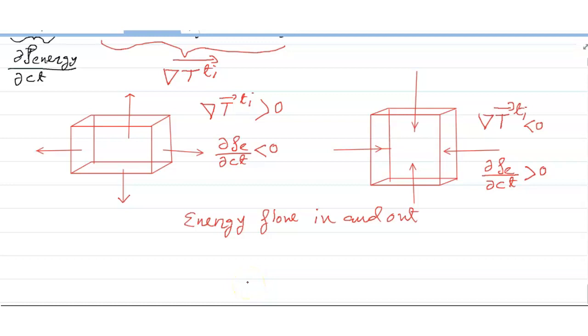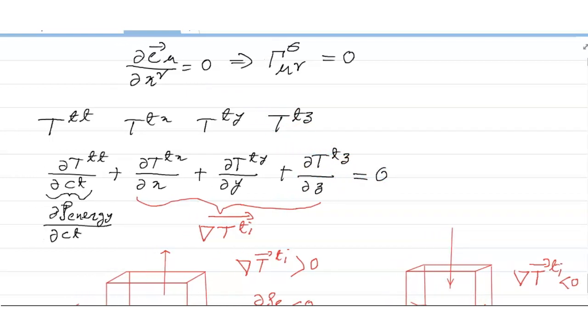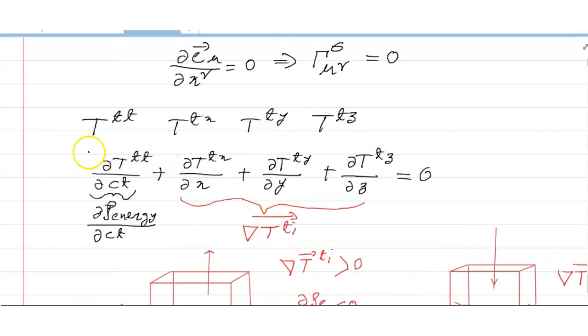When we say that the divergence of the first row of the energy momentum tensor is 0, our equation should equal 0. So this equation is called the continuity equation.